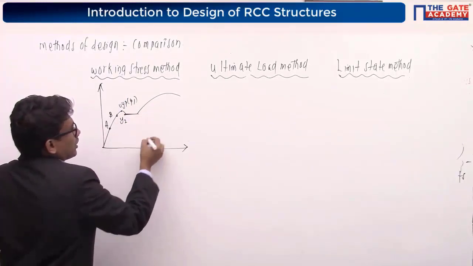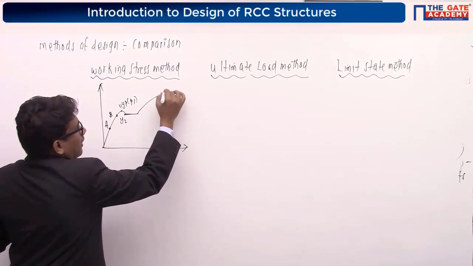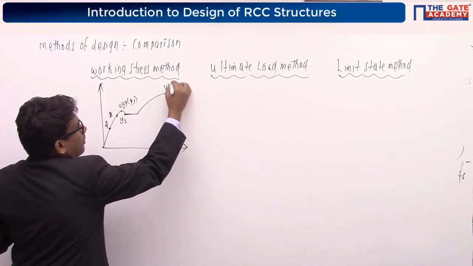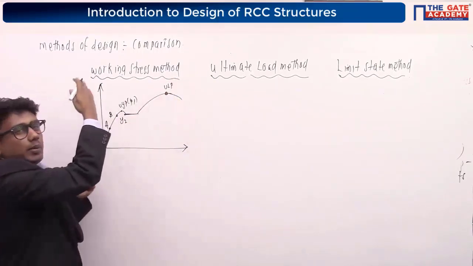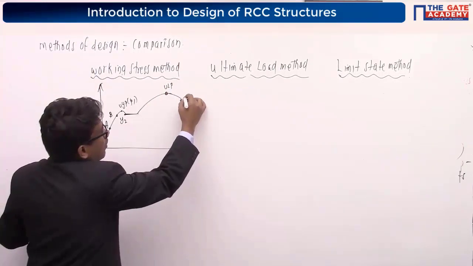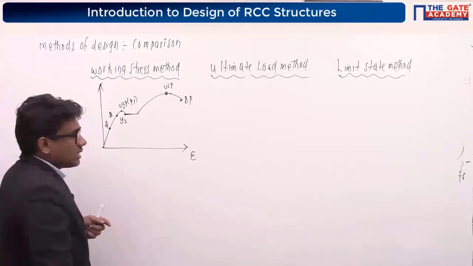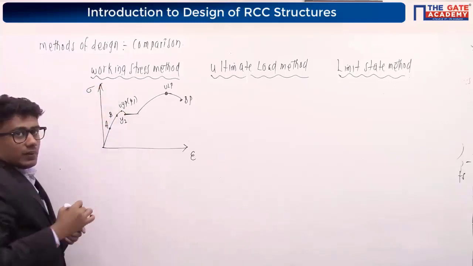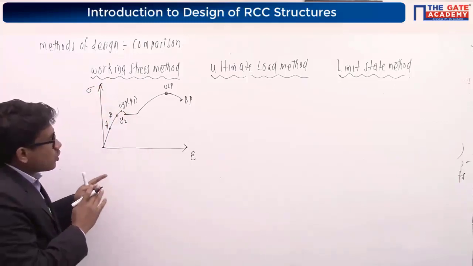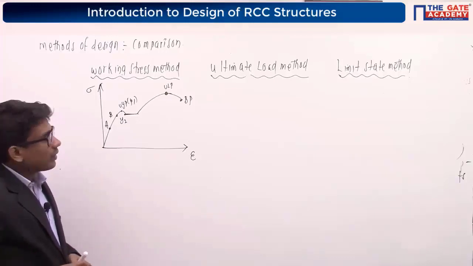This is called plastic region. And we will have our ultimate load point, that will give you the maximum stress value, and this will be our breaking point. Strain here is taken in the x-axis and stress here is taken in the y-axis. So this is actually our stress strain curve of our mild steel under tension.